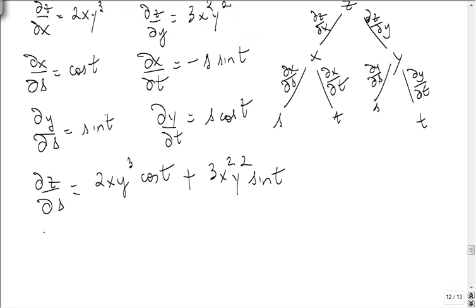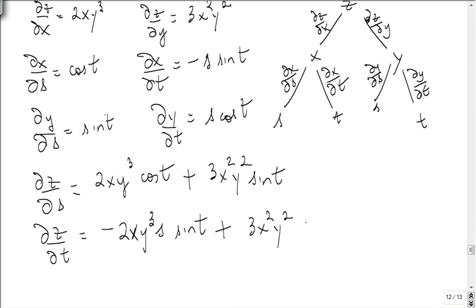And then somebody now give me partial z with respect to t, please. 2xy cubed times negative s sine t. So that's negative s sine t, yes. Plus 3x squared y squared times s cosine t.